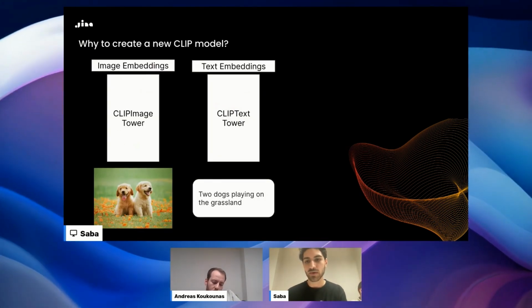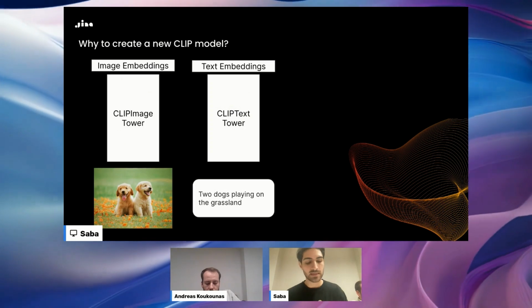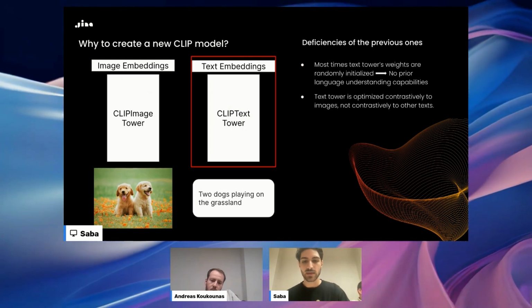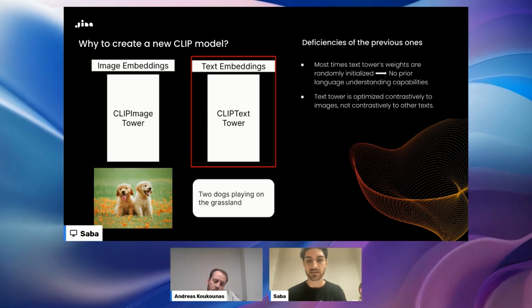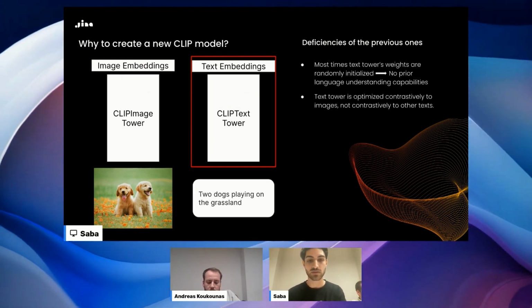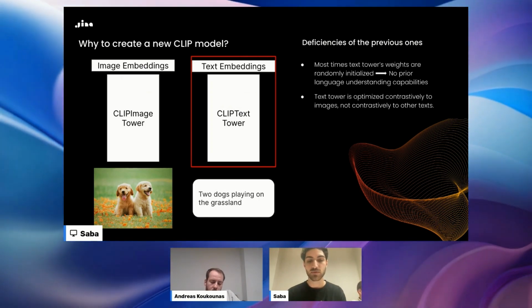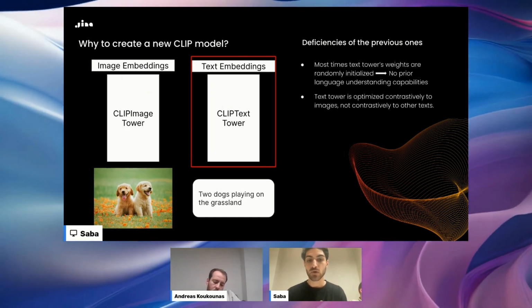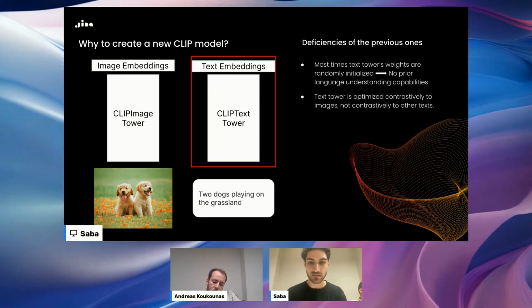And now maybe a question: why did we decide to train our own CLIP model? We noticed that there are some deficiencies in the text tower, the text encoder part of the CLIP model. Mostly, in previous CLIP models, in most cases, the text tower weights are randomly initialized.